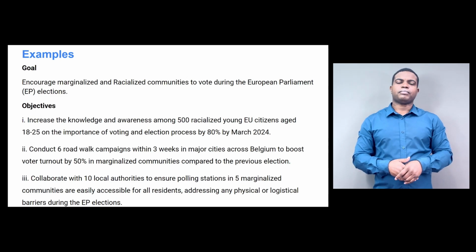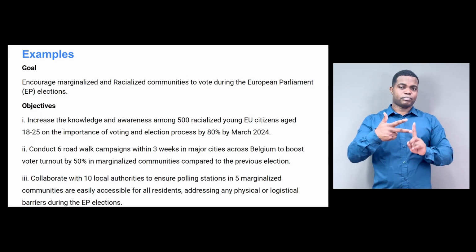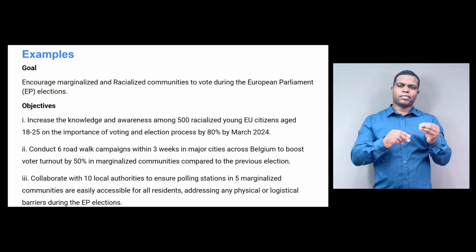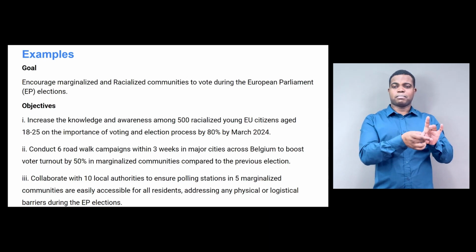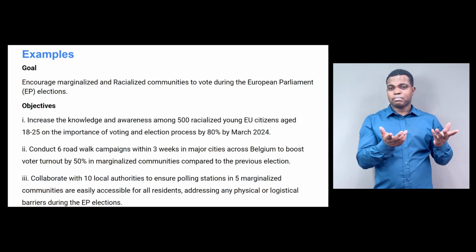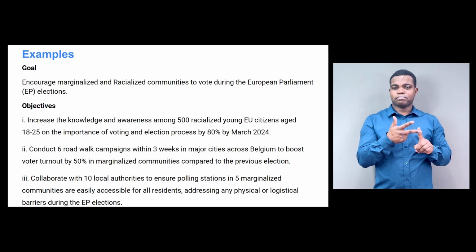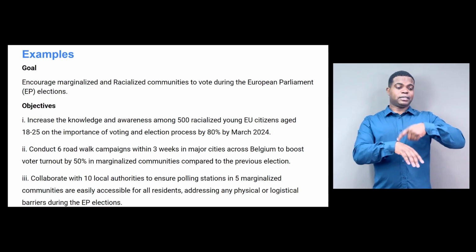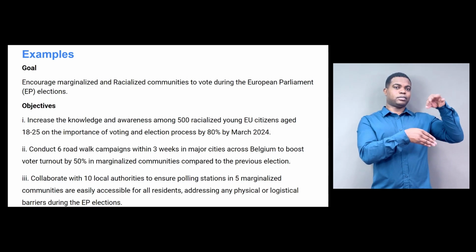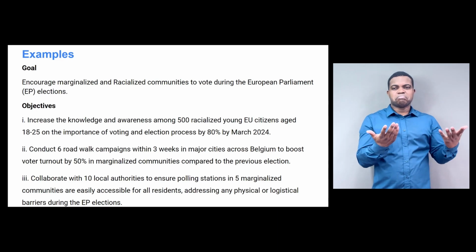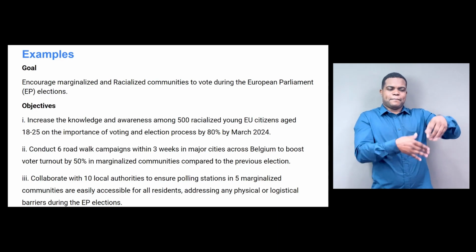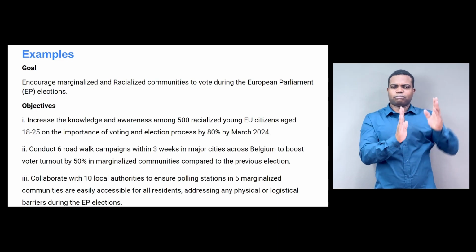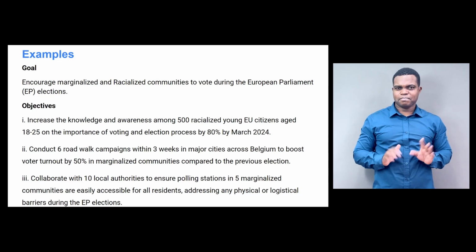So it has a time range. So your objective has to be time bound. For the third one, the time is during the EP election program. So during the EP elections, that is the time. So it has time.